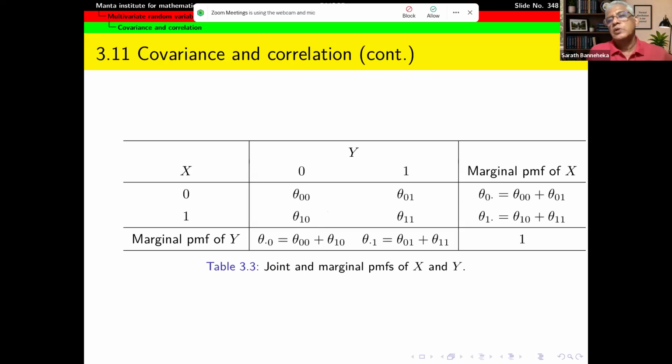So suppose now the correlation between x and y is equal to 0. Then let's see whether that implies independence. So we'll assume that the correlation is equal to 0, and then we'll check whether the required conditions for independence are satisfied.